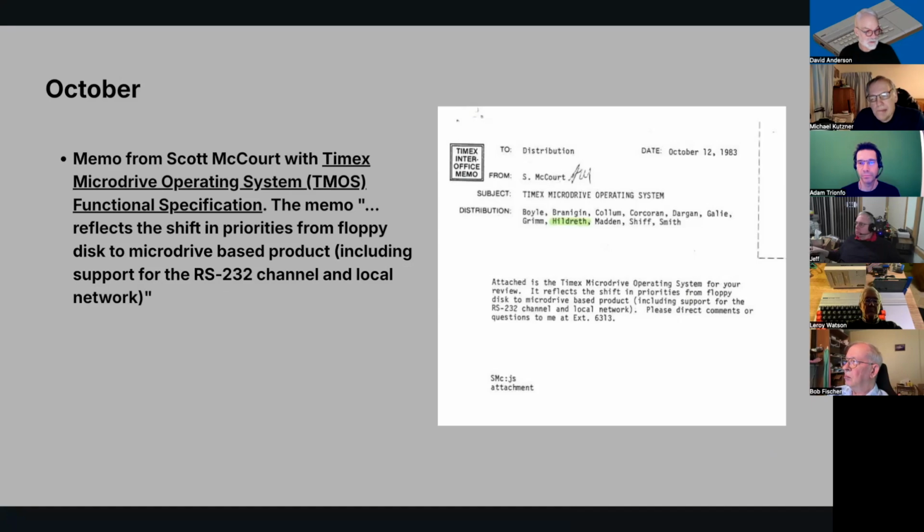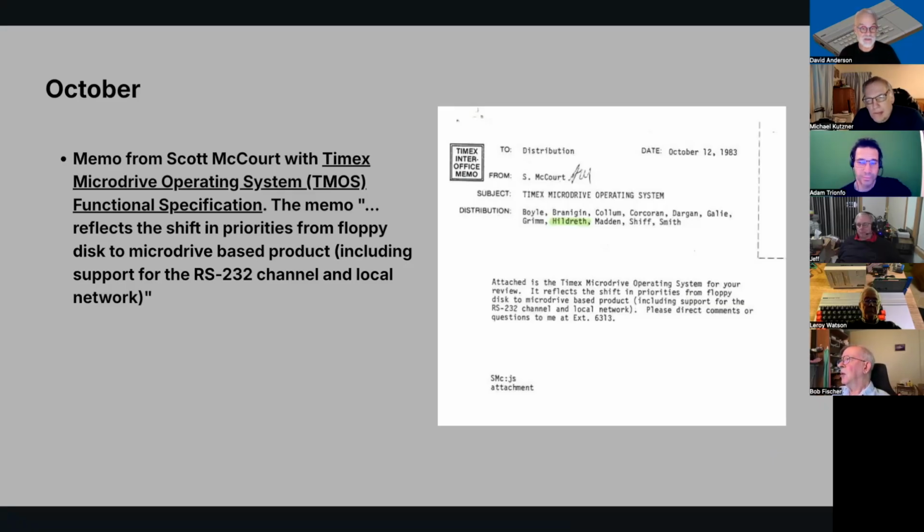Correct. And part of the point here is that they were not just taking a Sinclair product and painting it silver. They were making it their own. Part of the challenge of doing that is it costs money, right?